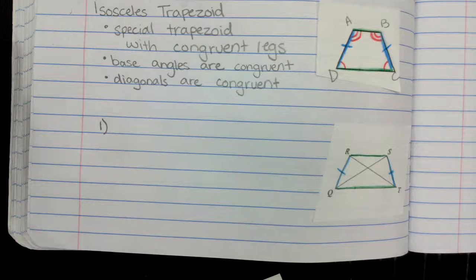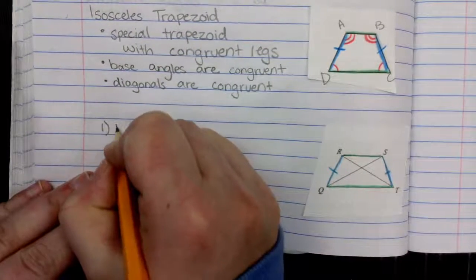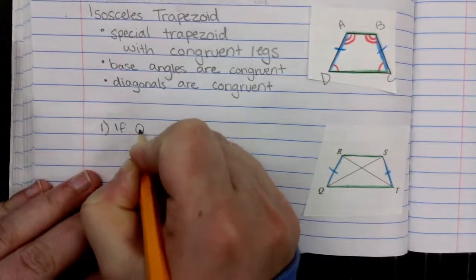Alright, so for our first problem here, if QS equals 13 centimeters, what does RT equal?